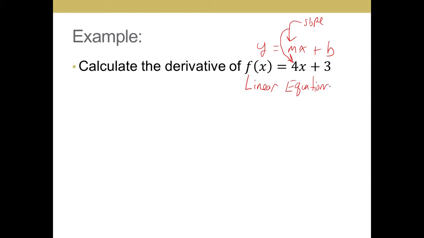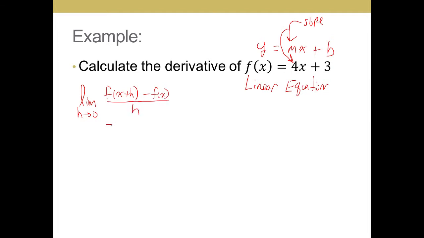Let's calculate the derivative anyway, because now we have a check, since we know the slope of this line is 4. The derivative should equal 4 when we calculate it. So let us calculate the derivative. The limit as h goes to 0 of f of x plus h minus f of x, all divided by h.